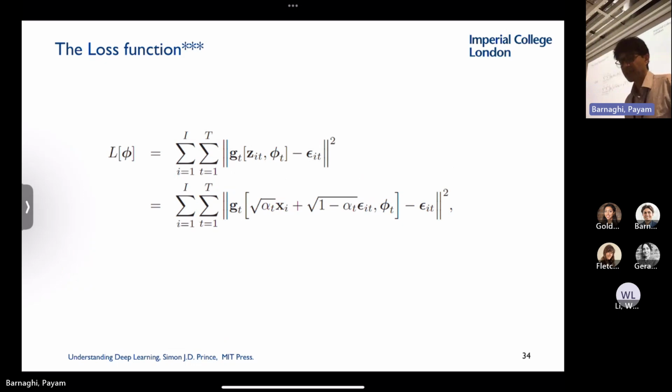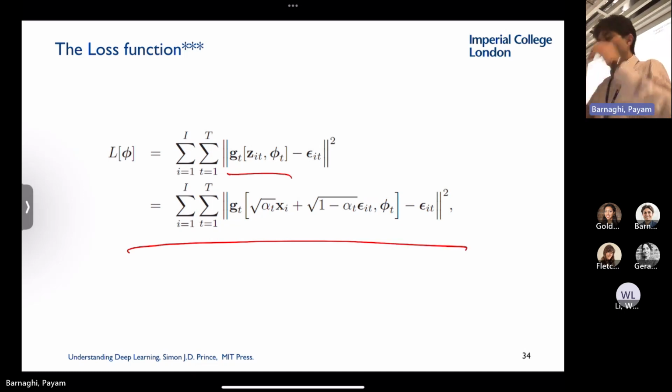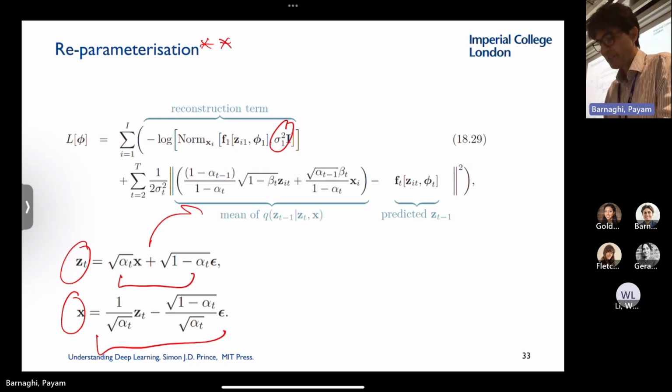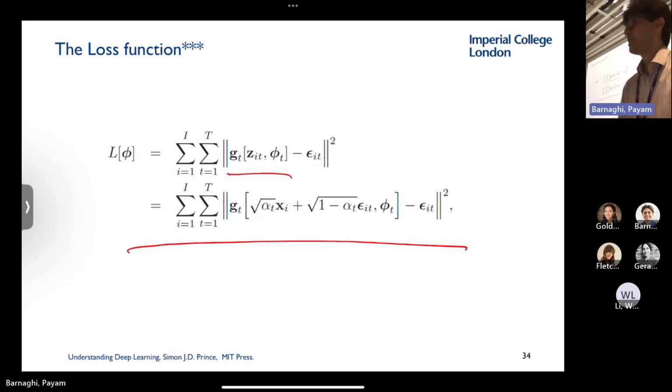Add a little more parameters into it. The loss function will look something like this. This is explaining something I also struggle with. But basically, you just add the z's and x's from here to this model, and you will get closer to something like this. And this will become your main loss function, and you will use that loss function in some funny way. It looks like a mean squared error.